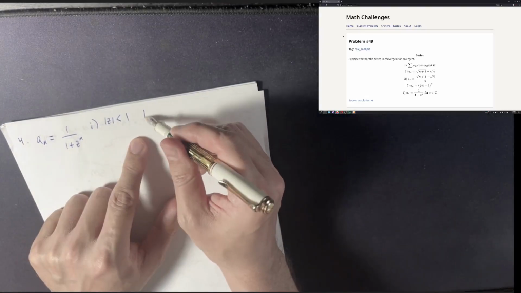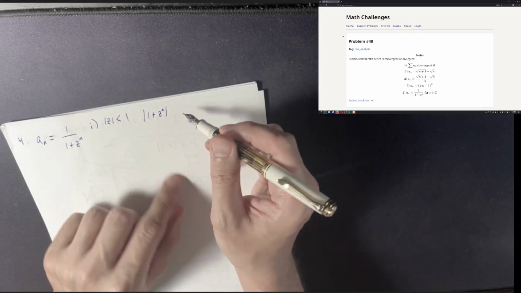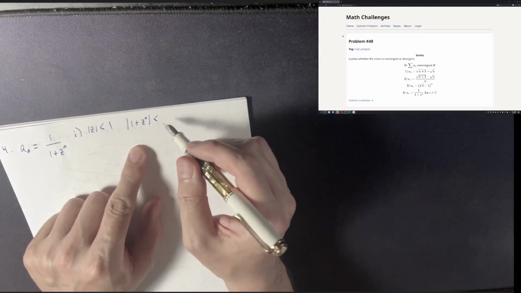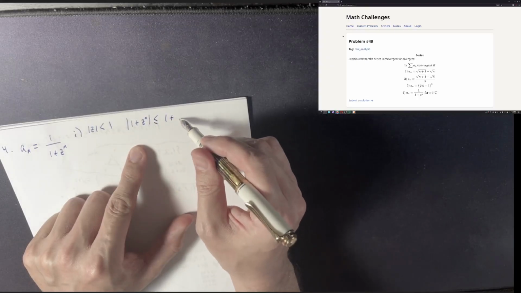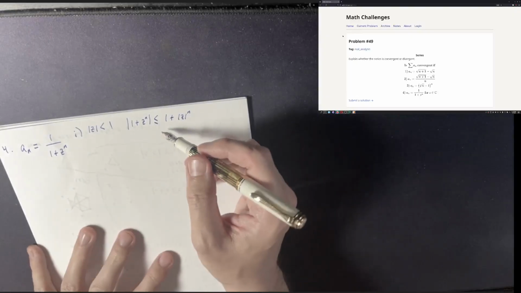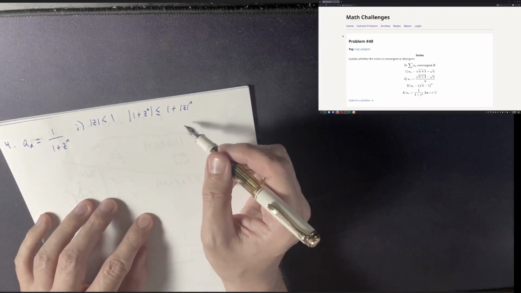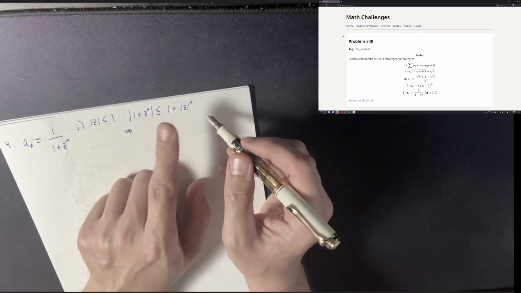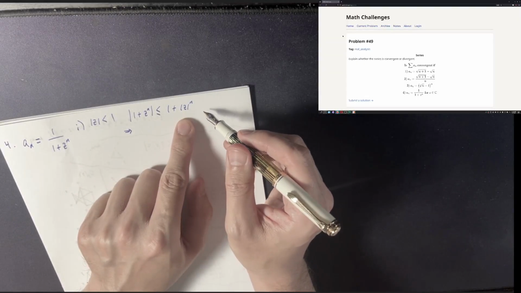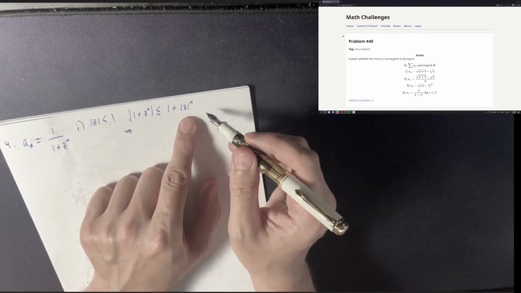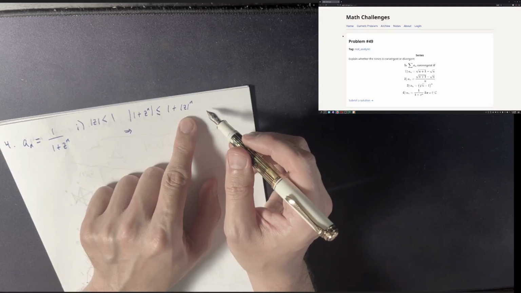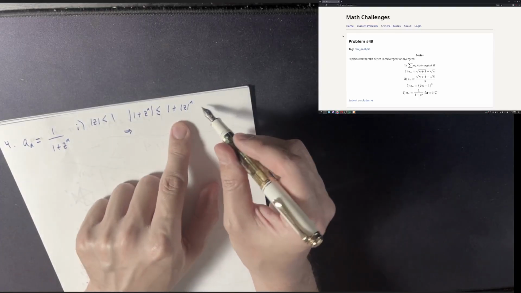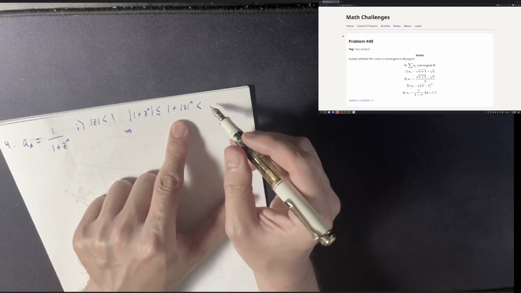So if we look at something like this, because this is less than 1, then the reciprocal of it is bigger. But we also know that, because this was small, this is sort of tending towards 0. Does that make sense? This is less than 1. If you raise it to some power, it's still less than 1. So this is less than 2.